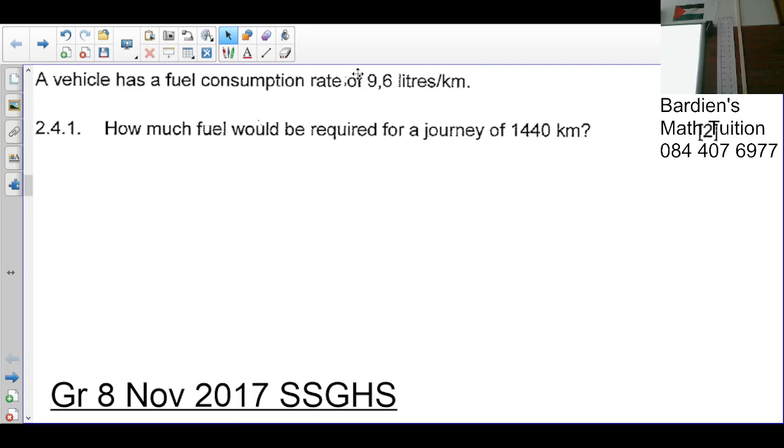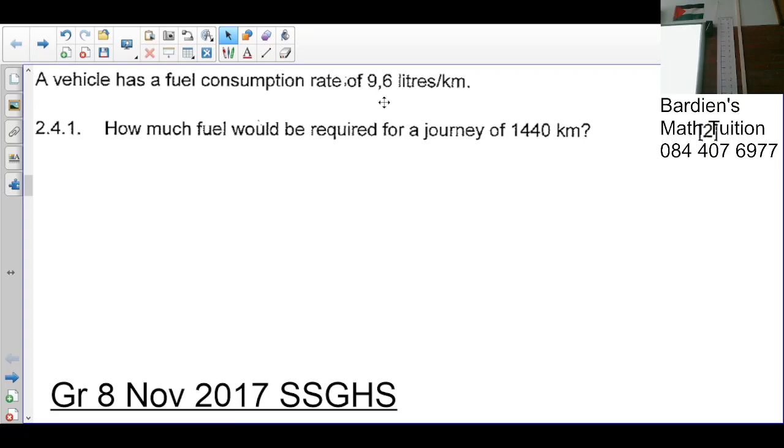That's big, no? Normally, 9.6 liters per 100 kilometers. Yeah, every 100 kilometers about 9.6 liters. So they might have made a mistake with the typing of that.